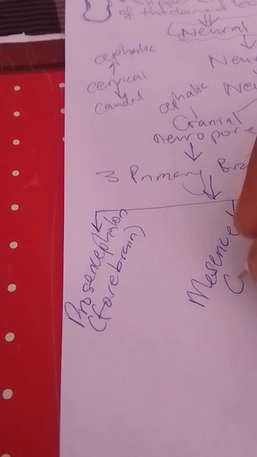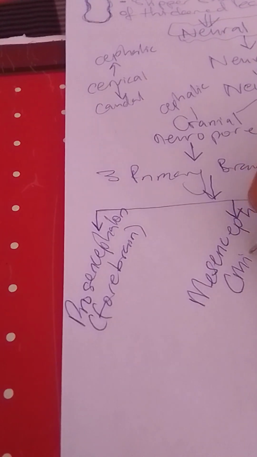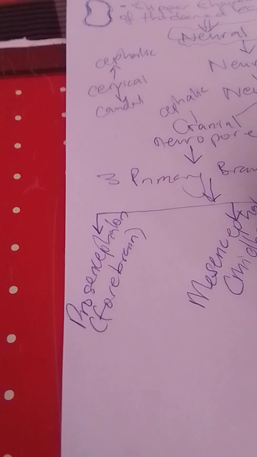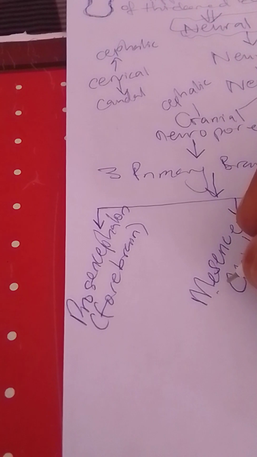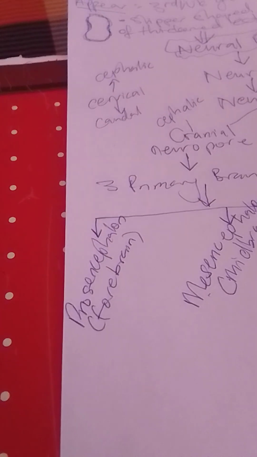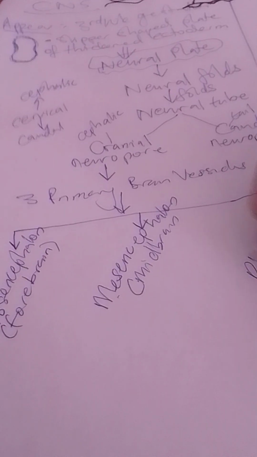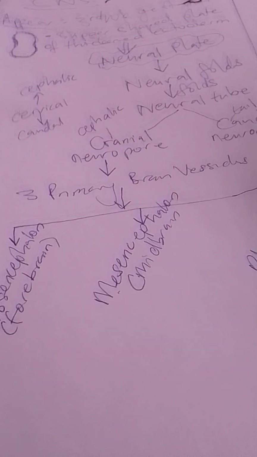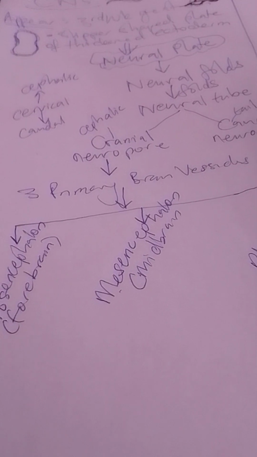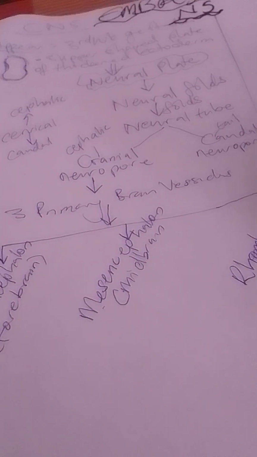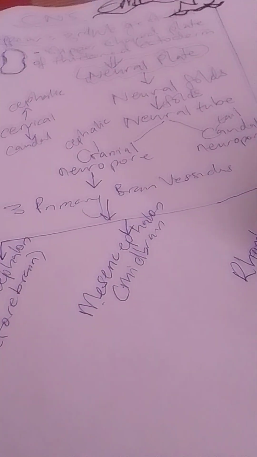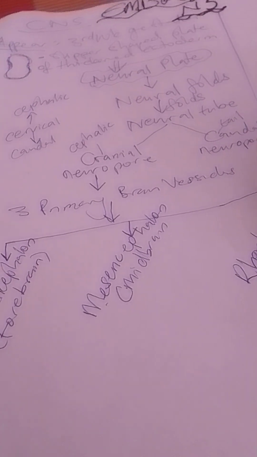So this one will now become our future midbrain. Mesencephalon, midbrain. Then the last one is going to be the rhombencephalon. Rhombencephalon. So this is going to be hindbrain. Okay?